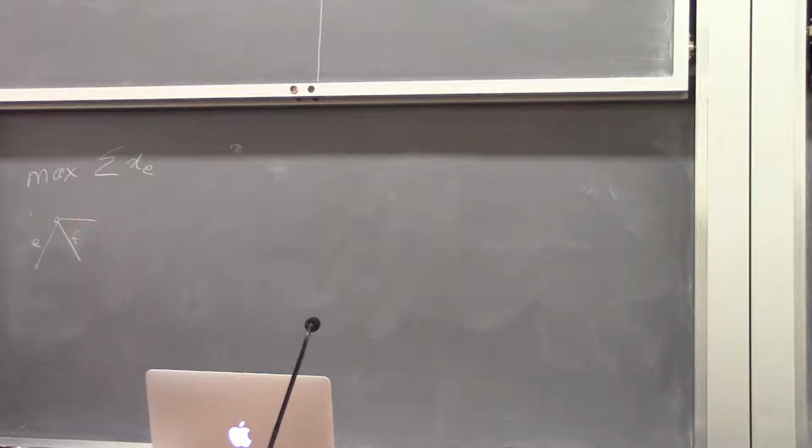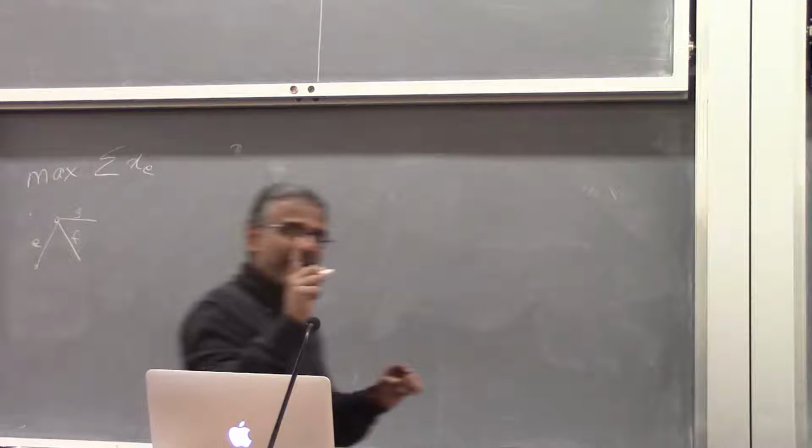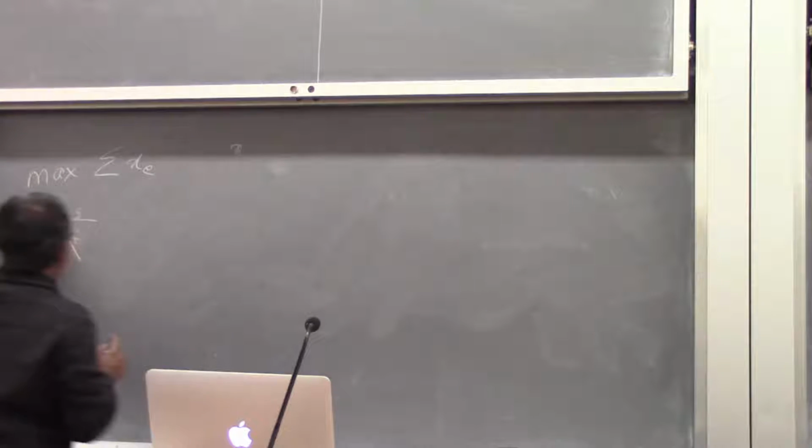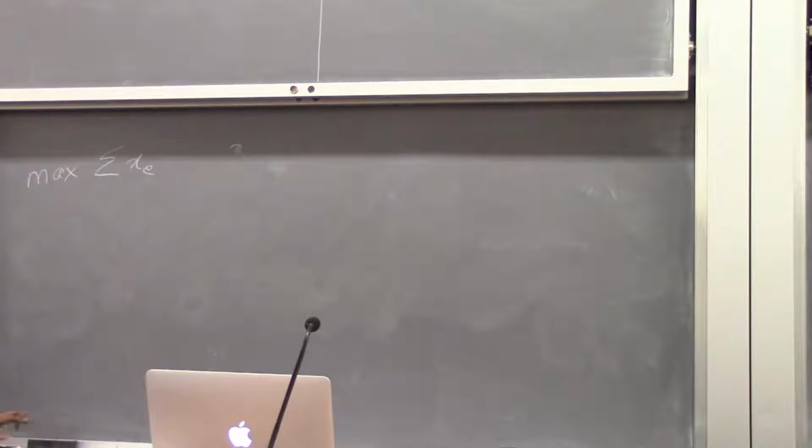Suppose I have another one. Suppose I have edge G. All of them share the same vertex. Okay, so good. So what you're saying is we have one constraint for every vertex now, that the total sum of all the edges you pick coming out of it must be at most 1.